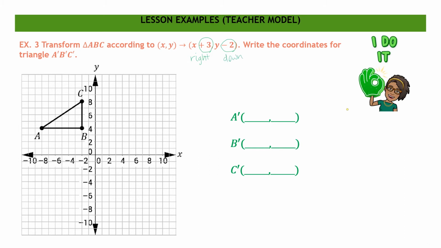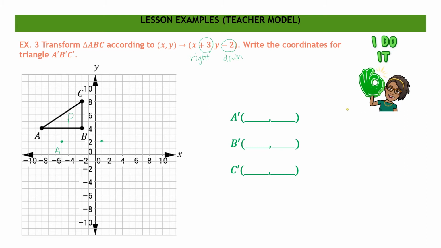So before we write the coordinates, let's go ahead and shift all of the points from my pre-image to create my image. We're going to start with point A. A tells me I'm going 3 units to the right, so that's 1, 2, 3, and 2 units down, 1, 2. So my new point, A prime, is there. Same thing with B. I'm going 3 units to the right, 1, 2, 3, 2 units down, 1, 2.